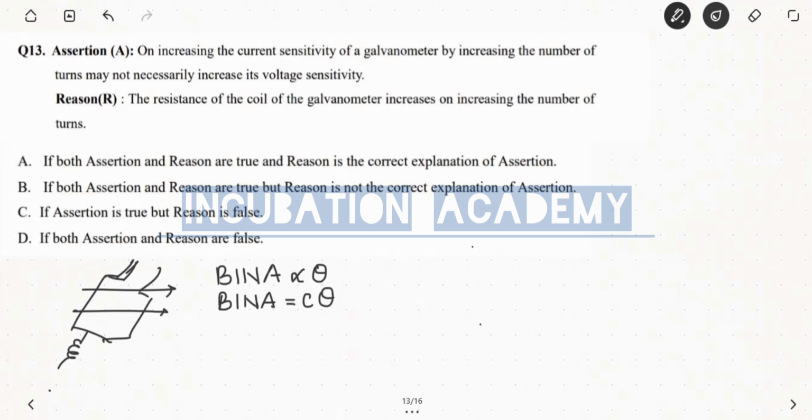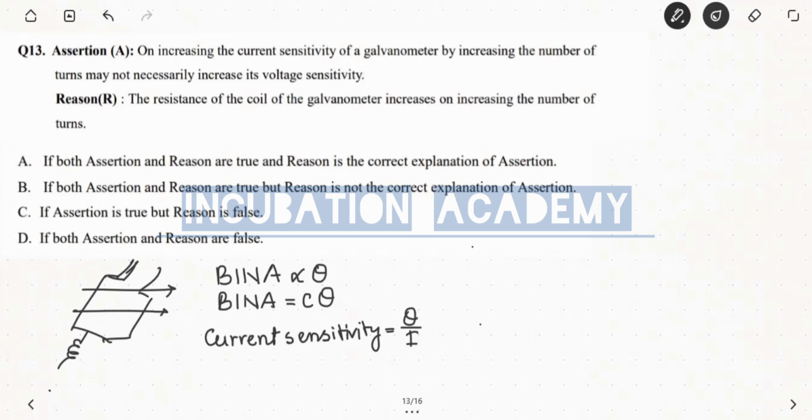Now here they are talking about the current sensitivity. From this expression, it is the hidden gem actually. The current sensitivity is defined by the expression theta divided by I. That is, if you send unit current, how much the pointer on the scale deflects.